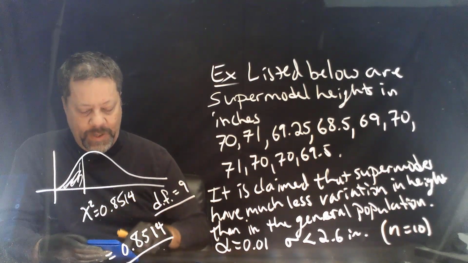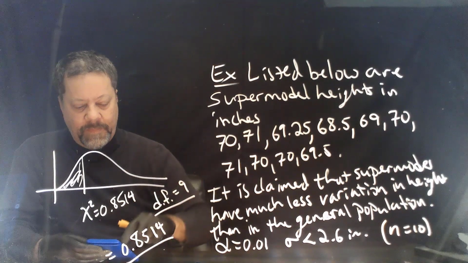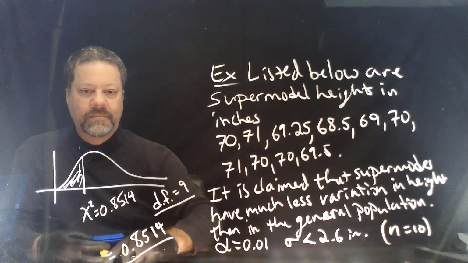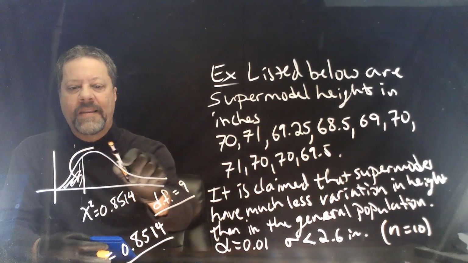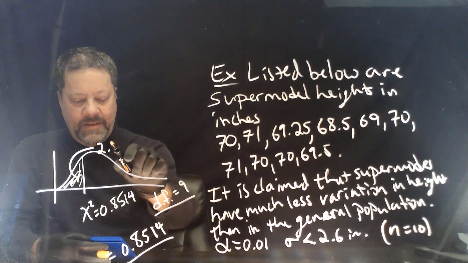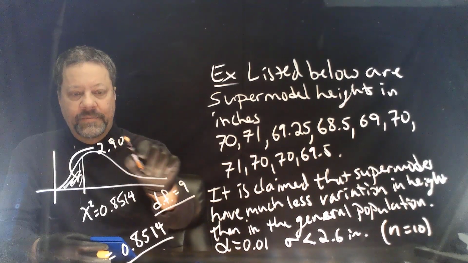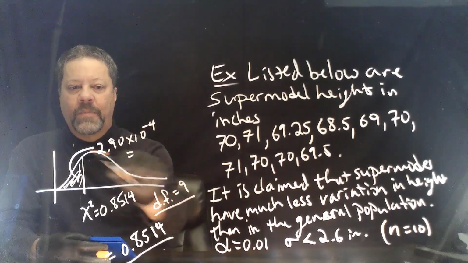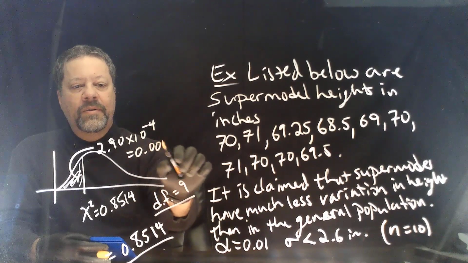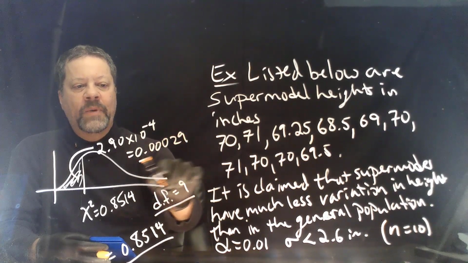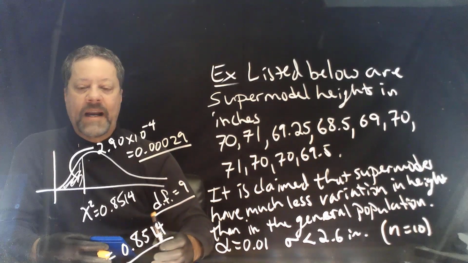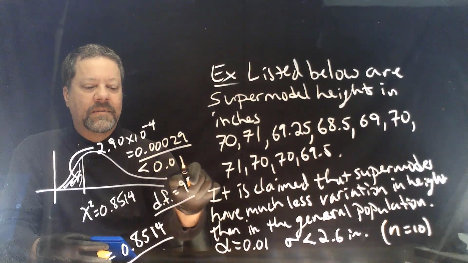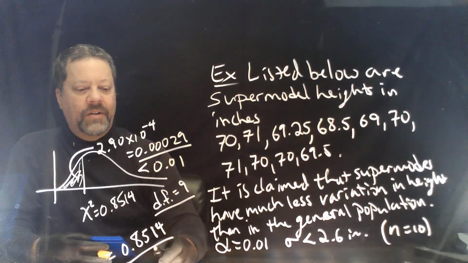The upper will be 0.8514, and the degrees of freedom will be 9. It's telling me that the area here is 2.90 times 10 to the negative 4. Moving the decimal place 4 places to the left, we get a very small area indeed, certainly less than 0.01. Therefore, we reject the null hypothesis.